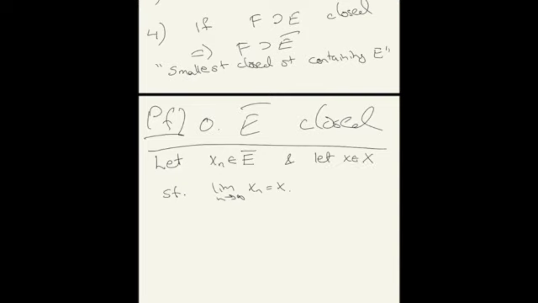And to show that, we have to use the definition of E bar. So let's add some words about what we want. Next, we will verify that x is in E bar as desired.